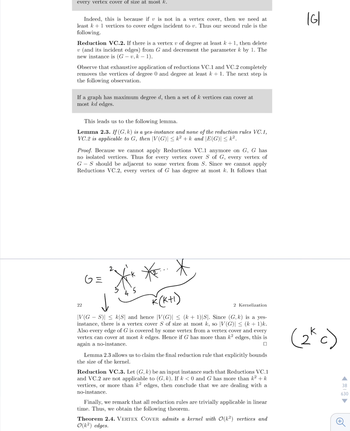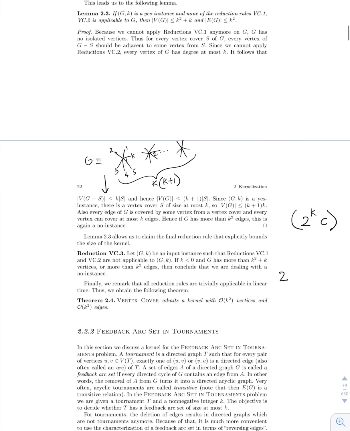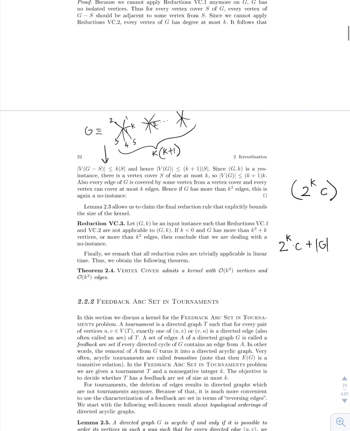So the total time will be 2^k times c plus the size of the graph G, and so we have an FPT algorithm with the time at most this, where f is 2 to the power k times c.